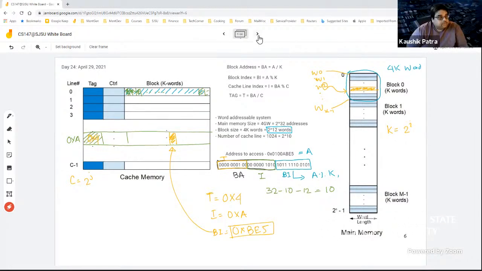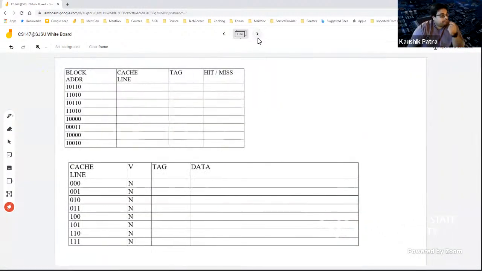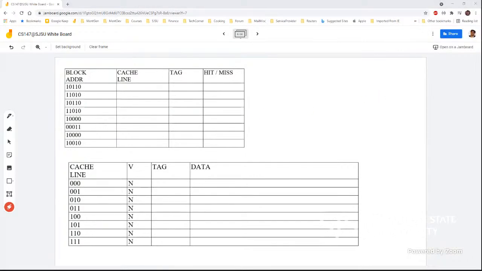Okay, now let's move to the next problem, or next discussion. It's kind of a reiteration of what we described in this lecture video, but I just want to make sure you got it. In this problem, we start with a sequence of block addresses.